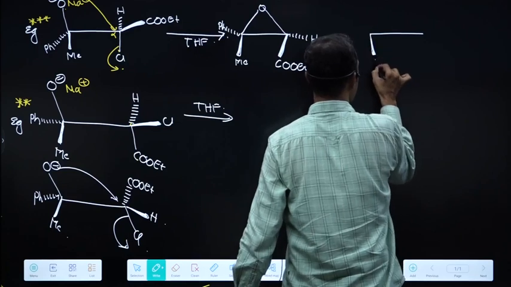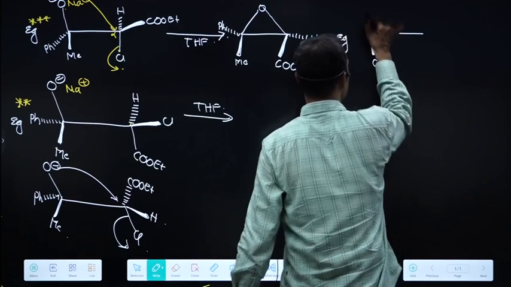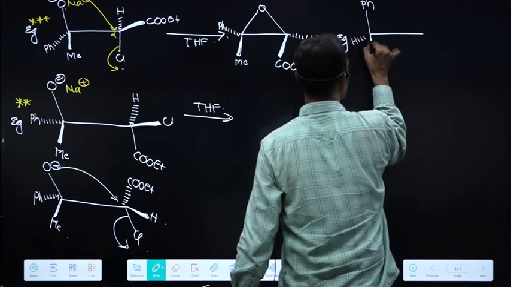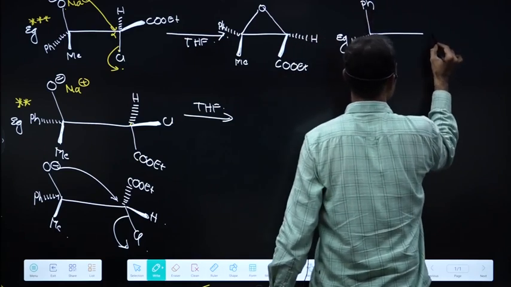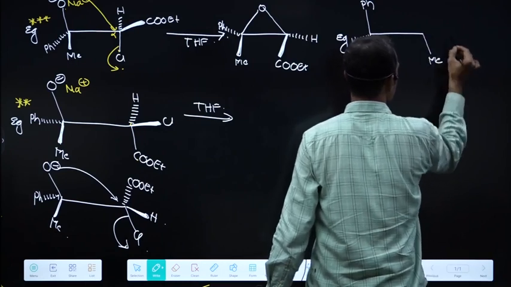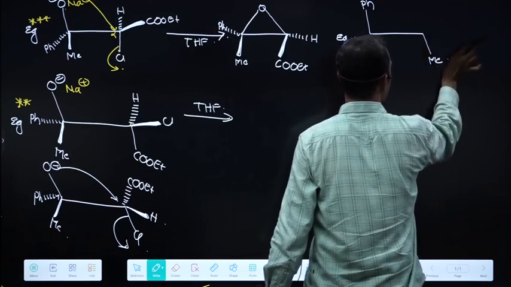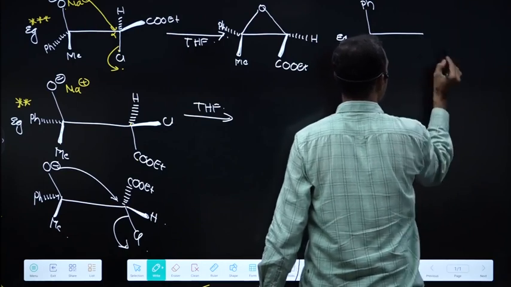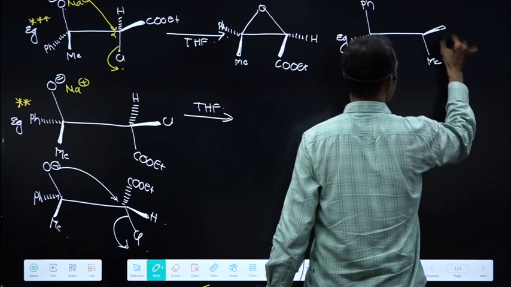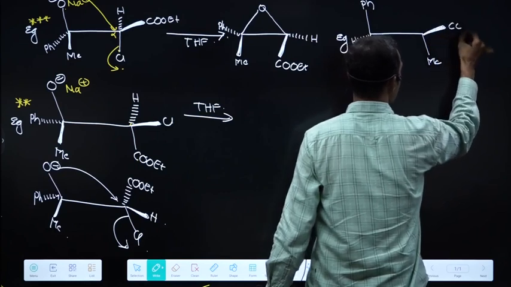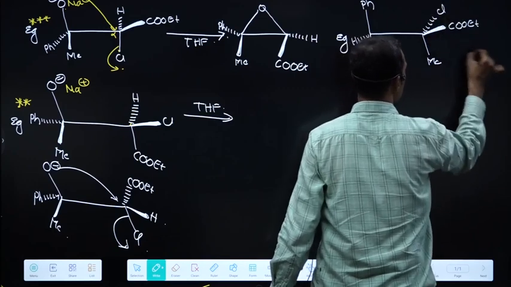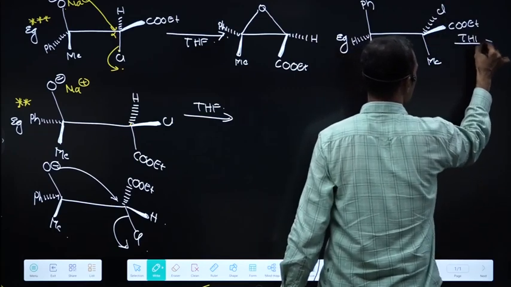O minus. This is phenyl and here is hydrogen. This is methyl. OEt, and this is chlorine, THF.